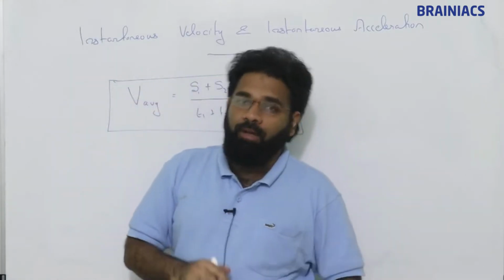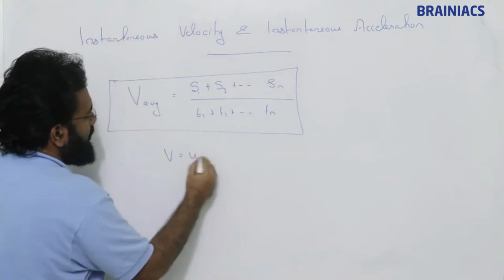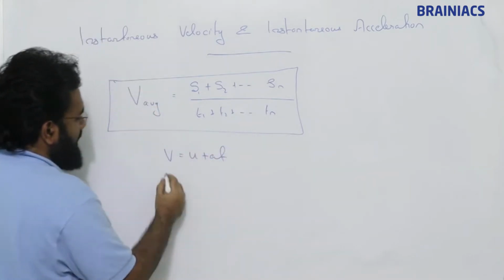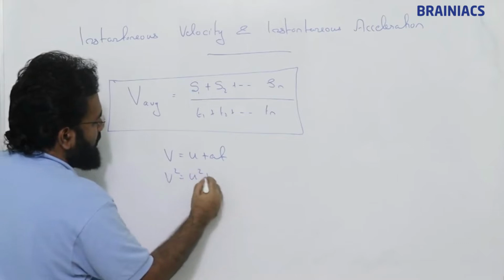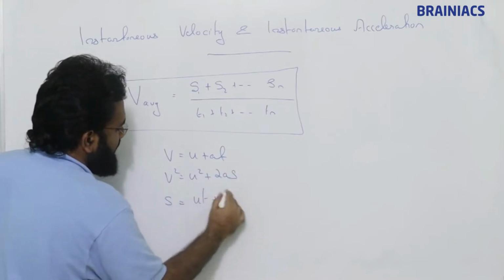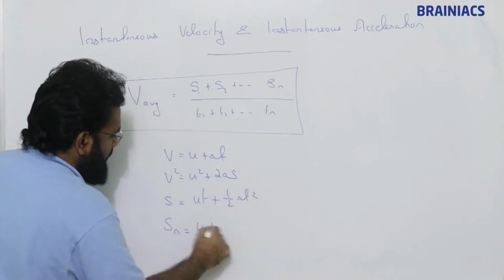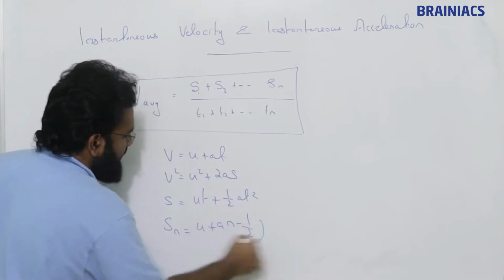Now the formulas which we used: v equals u plus at, v squared equals u squared plus 2as, s equals ut plus half at squared, S_n equals u plus a into (n minus half).